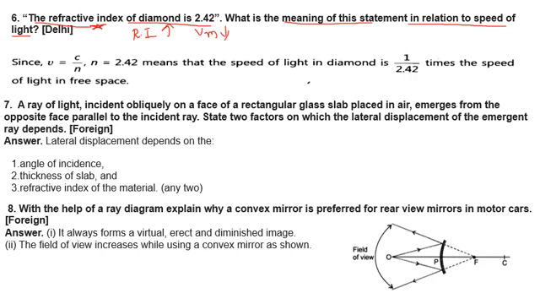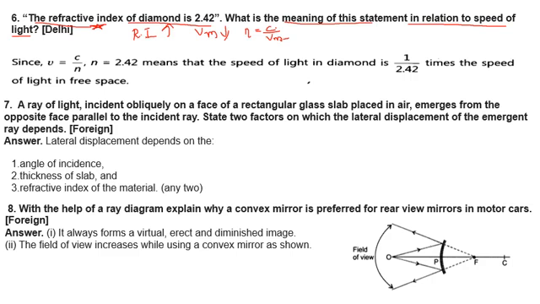First of all, we write the formula of refractive index, which is represented by nu: nu = C upon Vm. C is the speed of the light in vacuum, Vm is the speed of the light in the medium, and nu stands for the refractive index.